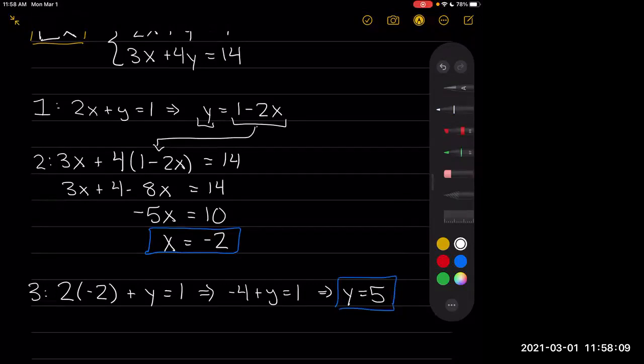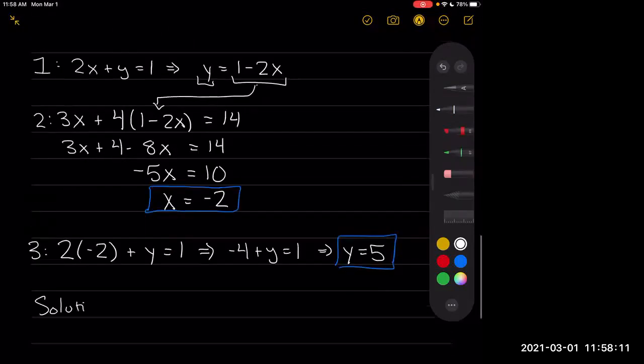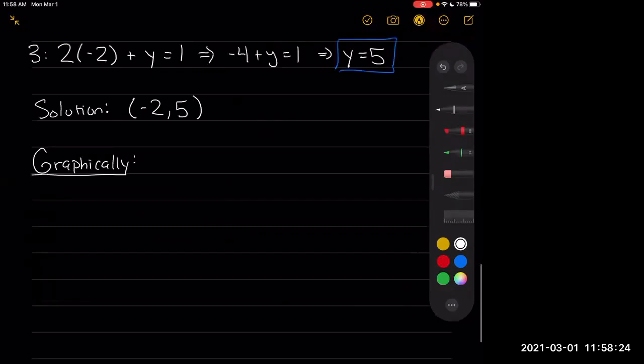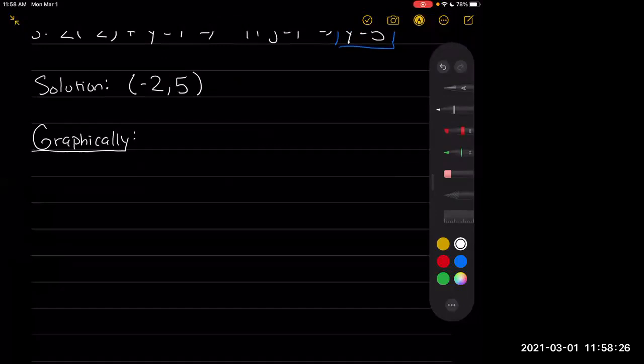So our solution is (negative 2, 5). And then graphically, this will look like, if I do something like this.